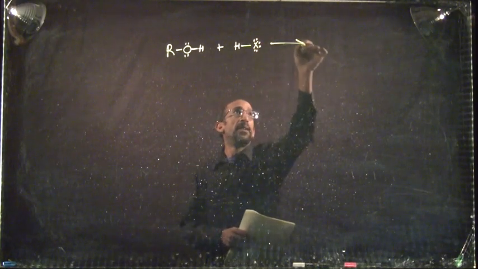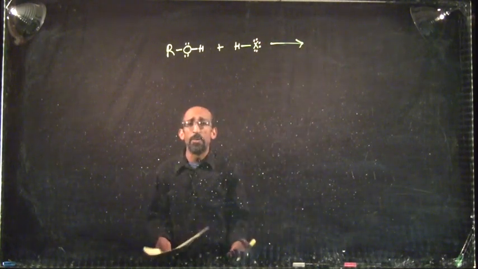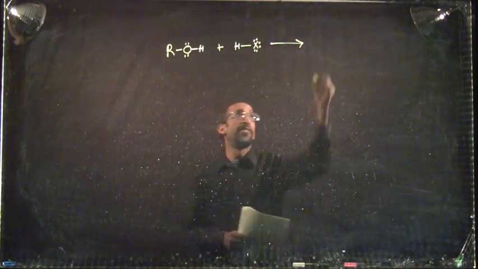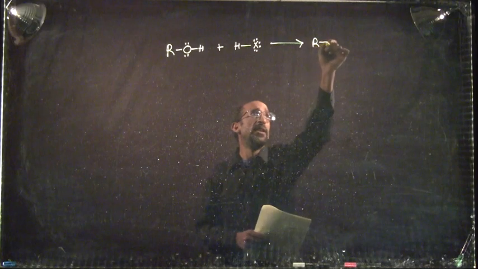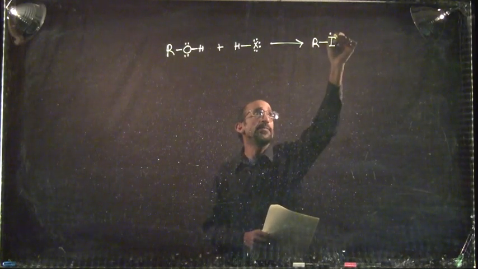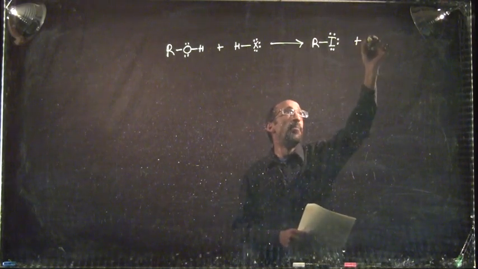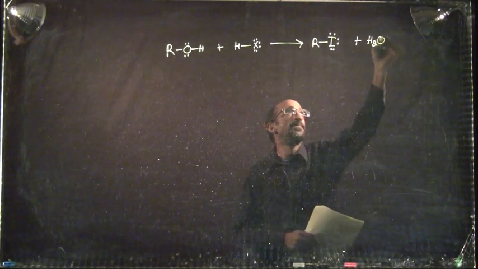And whether we go through an SN1 process or an SN2 process, we're going to end up with an alkyl halide, RX, and our byproduct will be water.